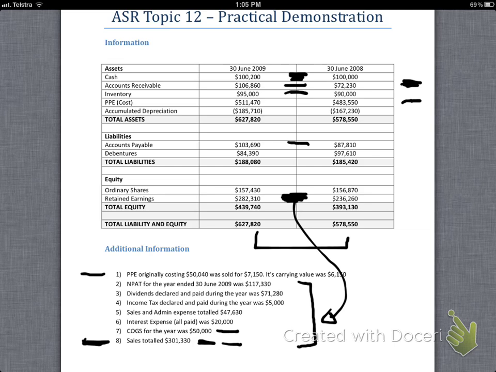Actually, to be absolutely honest, there is another possible change in property, plant and equipment. It could have been revalued. So if I see property, plant and equipment going up, one of the first things I'd want to look at is down here in owner's equity to see whether a revaluation surplus has gone up. Now, if you've got multiple assets, then you'd need to look down in the additional information to work out which assets were revalued, which ones weren't.